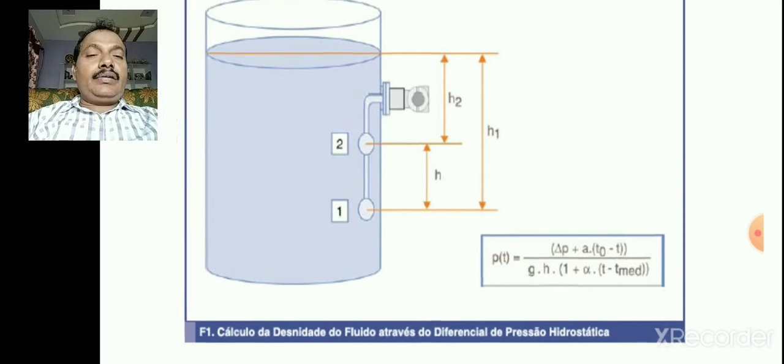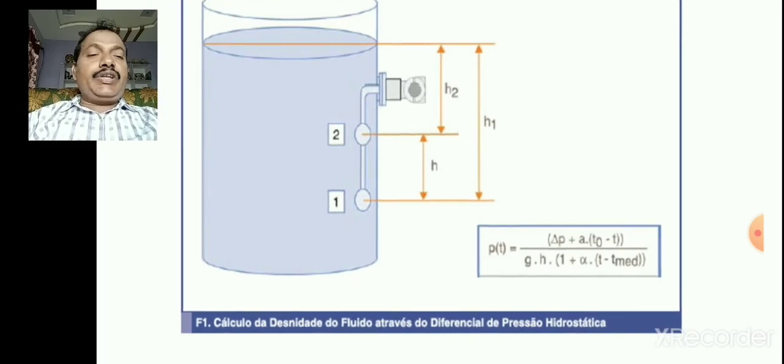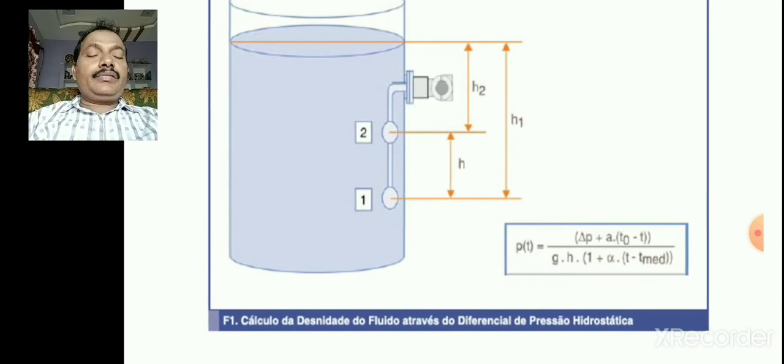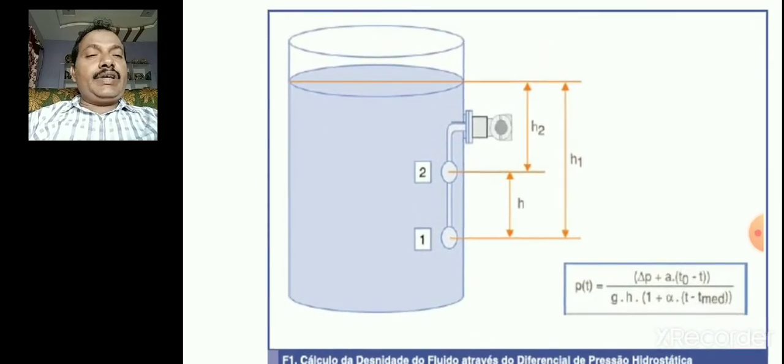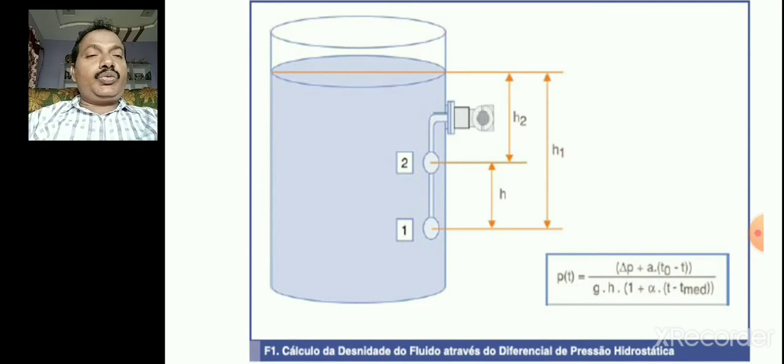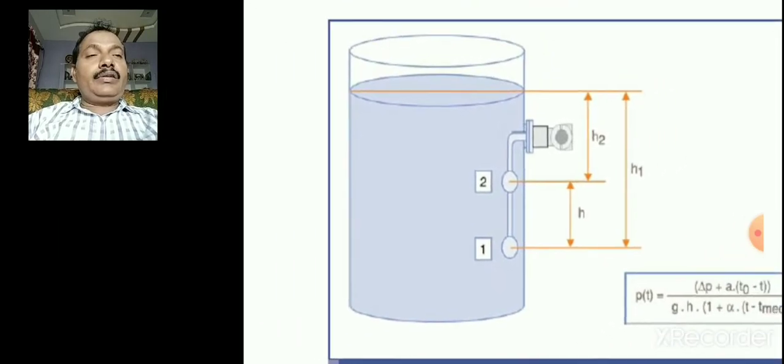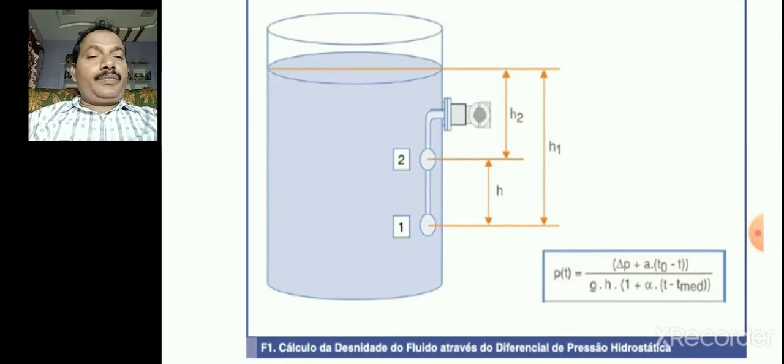So these are the density of the fluid. Here you see the different points we have to consider. This is the height between these two points, tap levels 1 and 2, and from the top surface to point 2 it is h2. From the top surface to the fluid level at point 1 is h1.